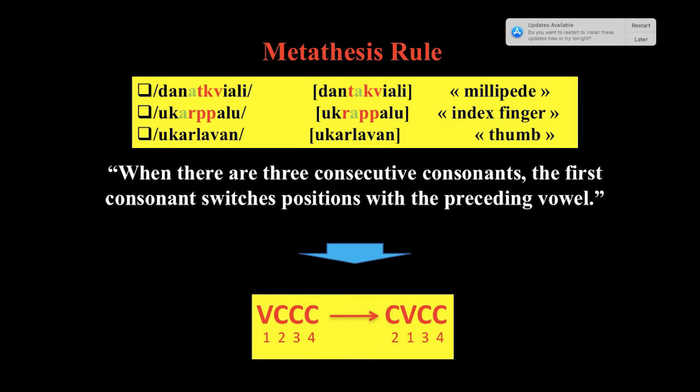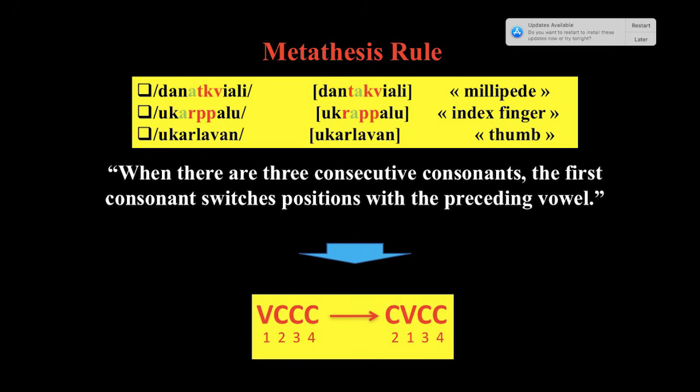When we say metathesis, it's very important to remind you of this. Metathesis is when two adjacent sounds are replacing, they are reversing their positions in order to break the consonant cluster, or in order to avoid vowel cluster.